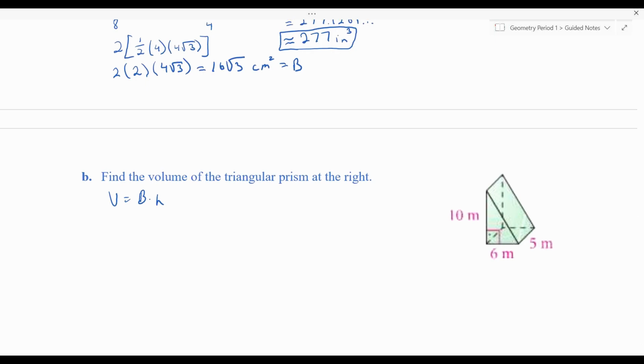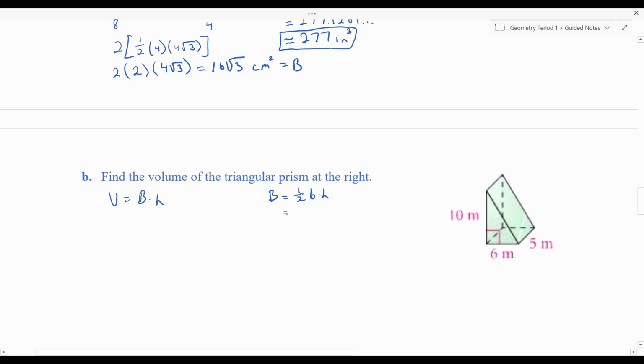Okay, so enough of that. We're going to calculate B, which is the area of the base. We know that the area of the base happens to be a triangle, a right triangle to be more precise. So we take the formula for the area of a triangle, which is 1/2 the little base, little b, times height, in this case the height of the triangle.